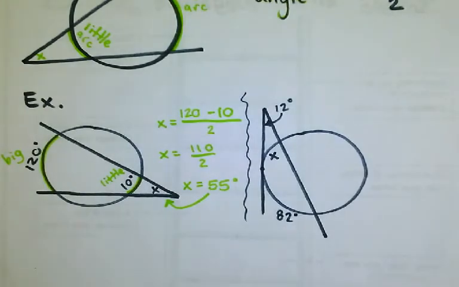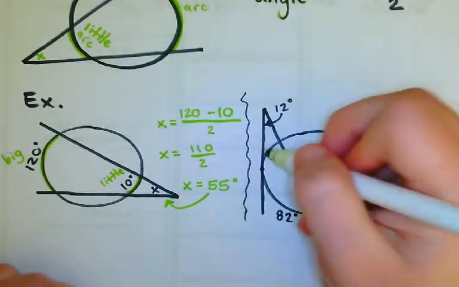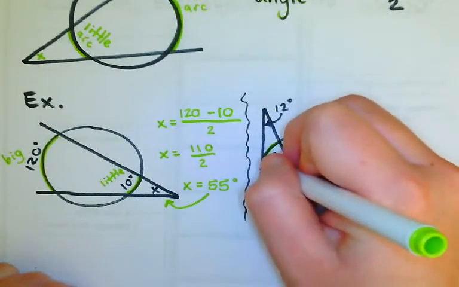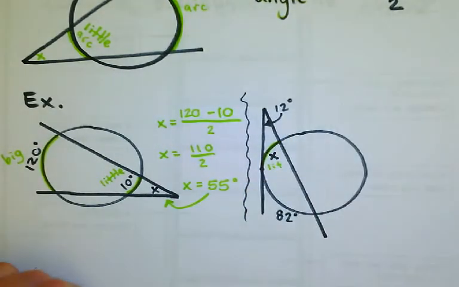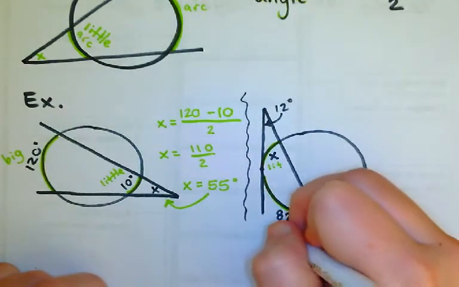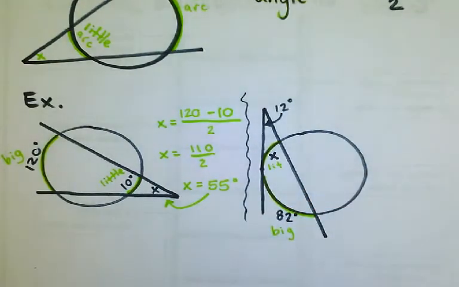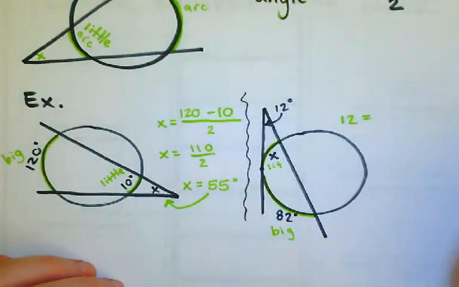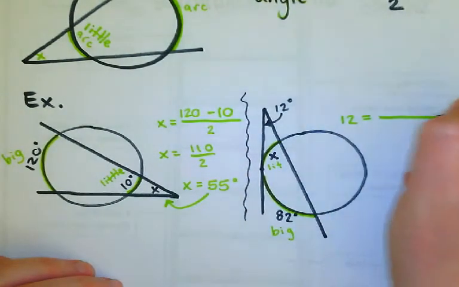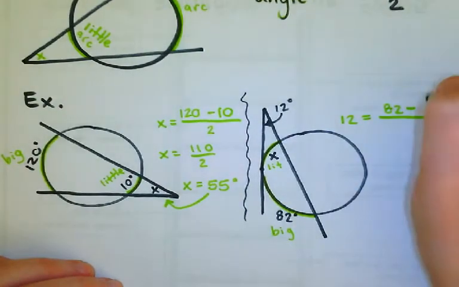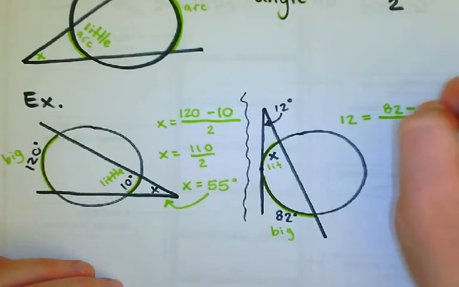Alright, so here's our small arc. This is our little. I'll put lit for little. And then this 82 is our big arc. 12 is obviously our angle, so we're going to have 12, our angle, equals our big arc, which is 82, minus our little arc, which is x, all divided by 2.